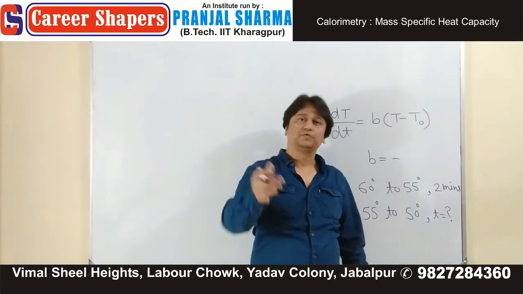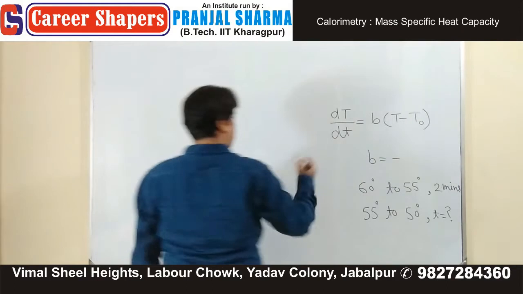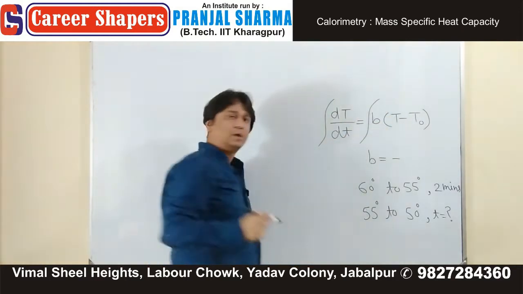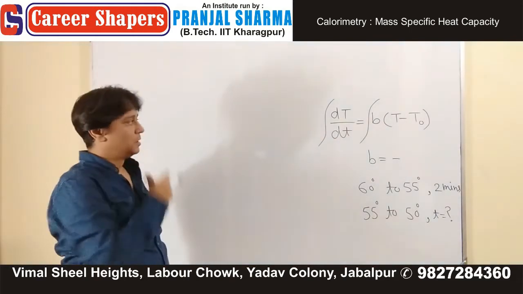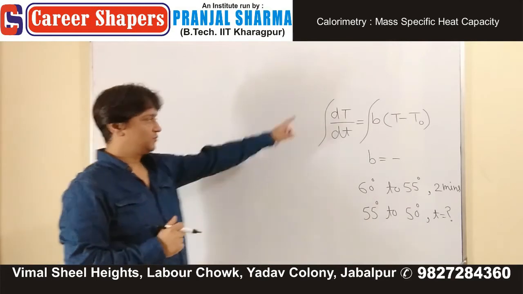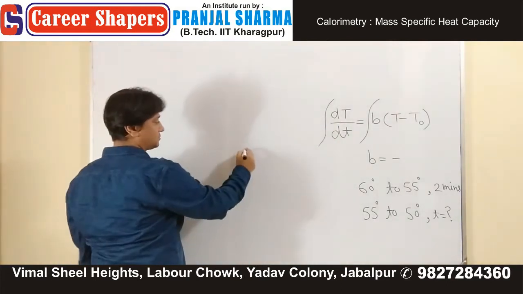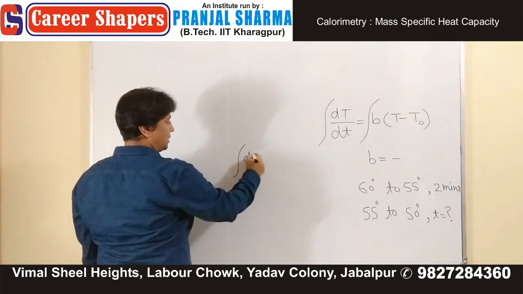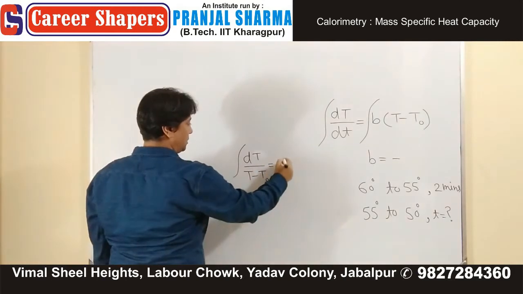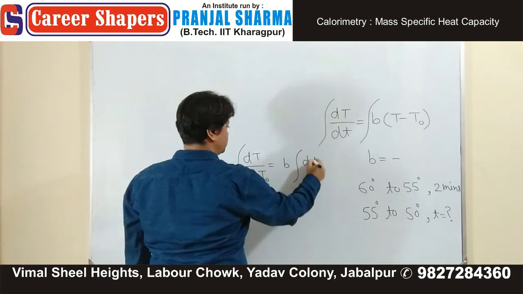In the last class we used the concept of constant of integration. We can also solve the whole thing with the help of limits. What is the concept of limits? First of all, when you integrate the whole thing, the integration should be in this form: dt upon t minus t naught equals b times dt.